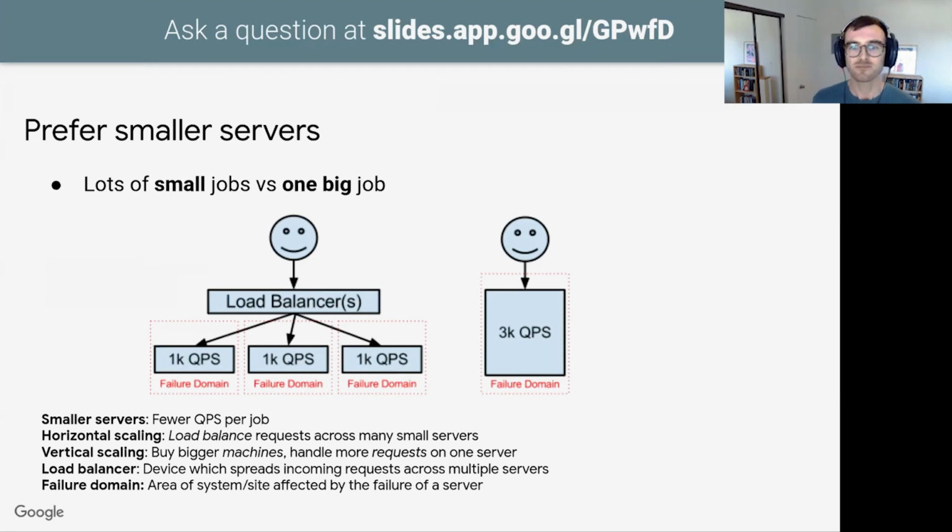Okay. So alongside keeping our servers simple, it's also really useful to keep them small. By small, I mean the number of queries per second that each server handles is small, rather than the size of the code. And this is known as horizontal scaling. Keeping servers small sounds a little counterintuitive.